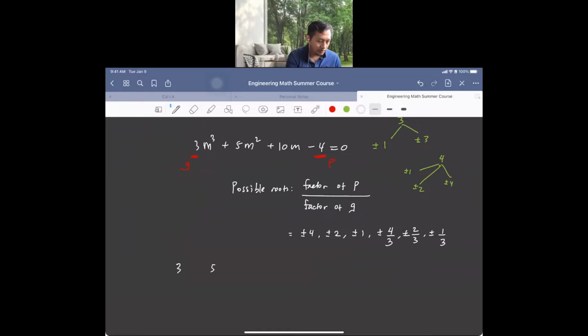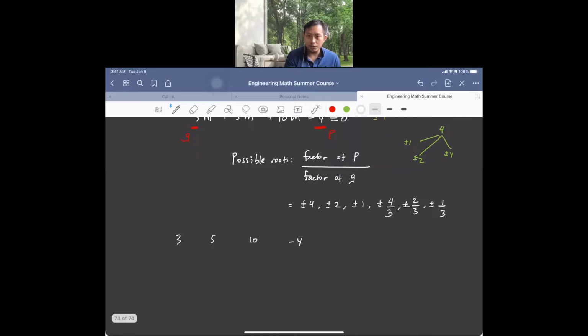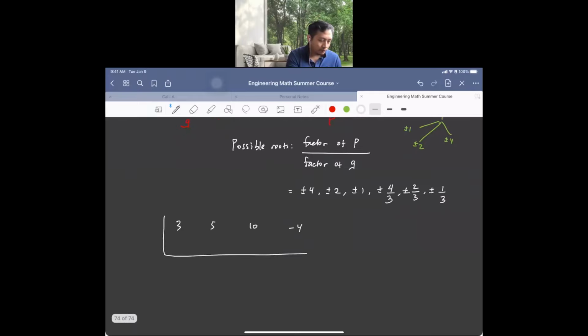So we could write 3, 5, 10, and negative 4. We could check from the easiest one, 1, maybe just 1 and 2. If we check 1, you see that it's going to be increasing and increasing, and when you get the final result here, it's not equal to 0.